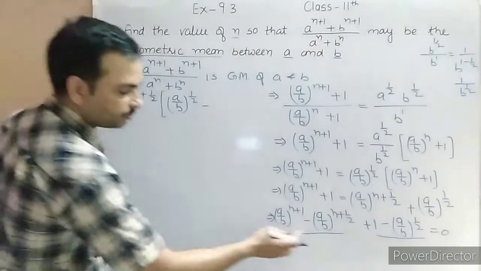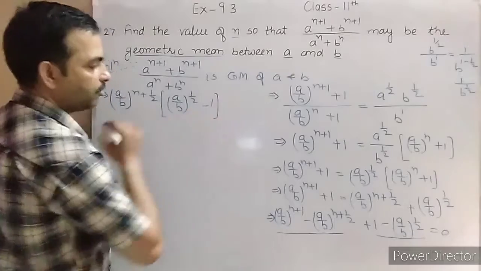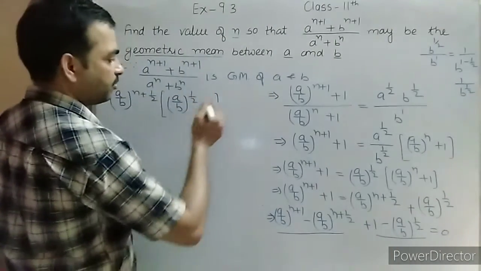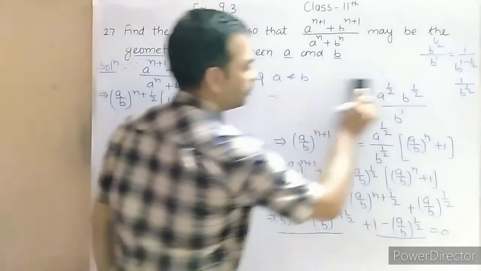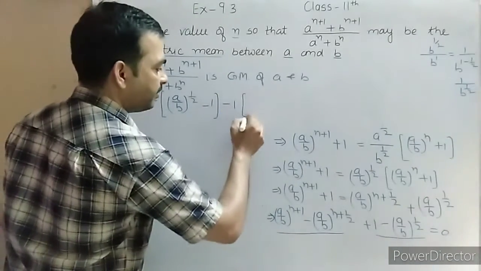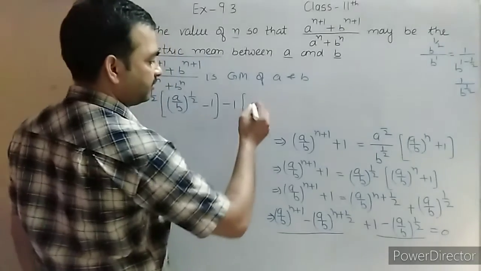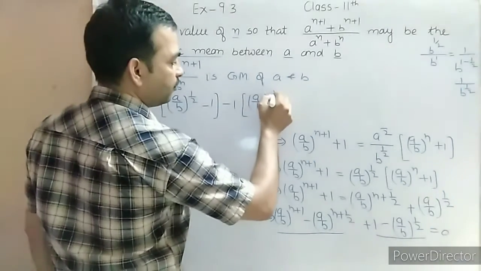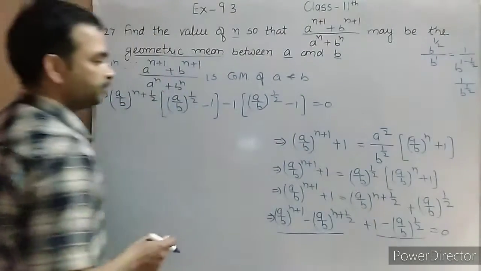Now minus 1. And in these two terms I can take minus 1 as common, and within the bracket this will be positive and this will be negative. So (a/b)^(1/2) minus 1 equals 0.